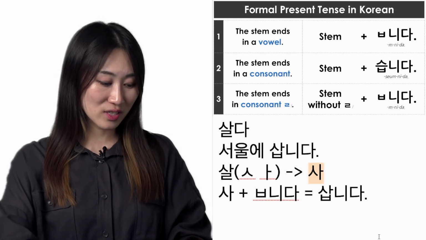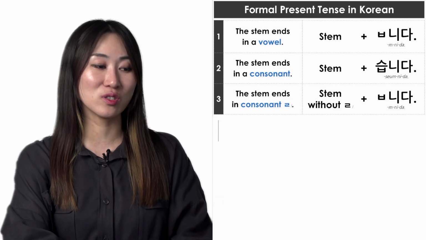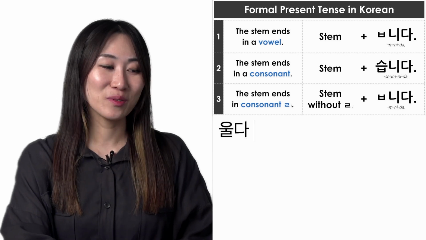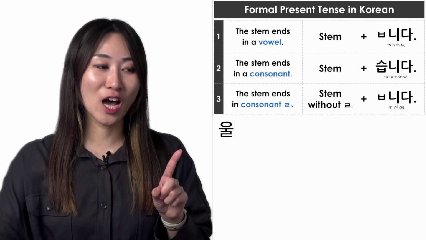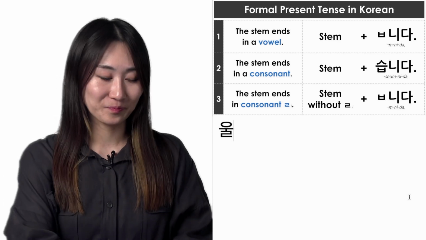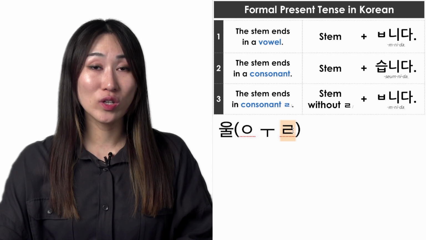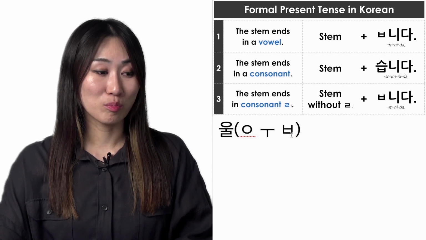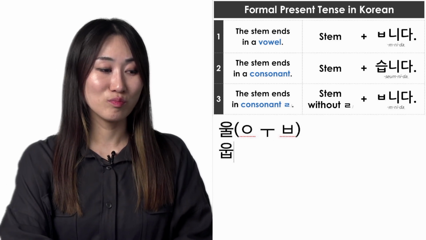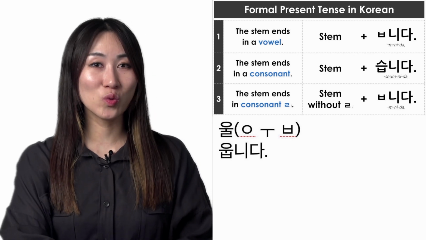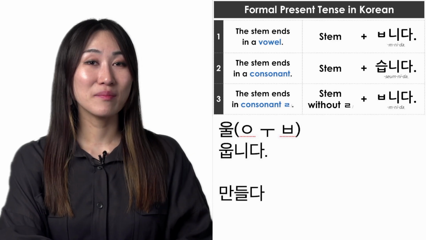Let's look at another example because it's an exception. Remember 울다, to cry. So now the stem is 울. Now you just need to replace 리을 with 비읍, right? Just 비읍, replace it as in 웁니다. Or do you know this word? 만들다, meaning you make.